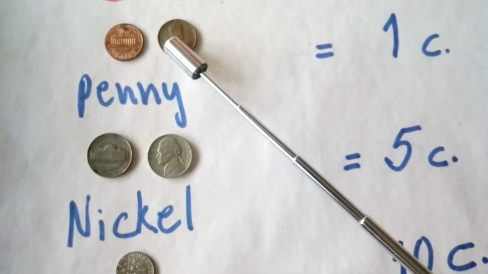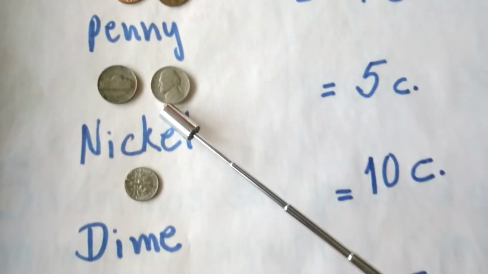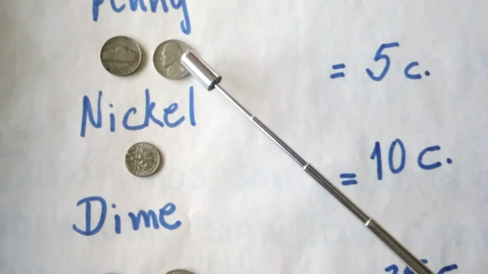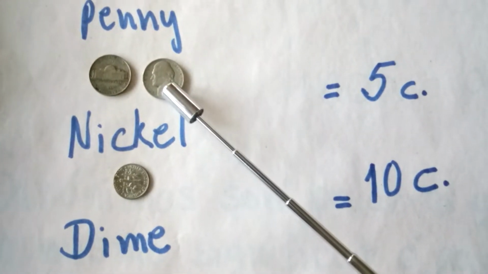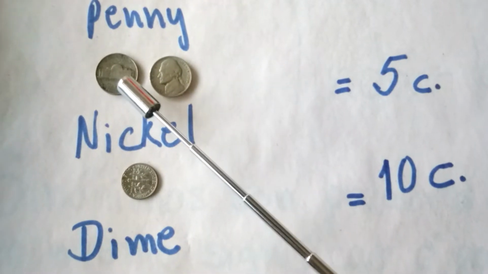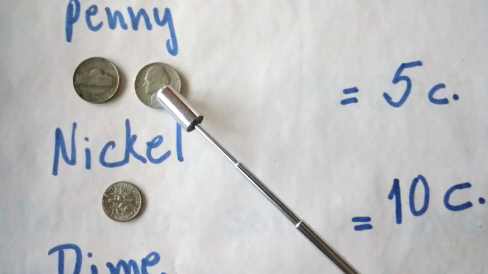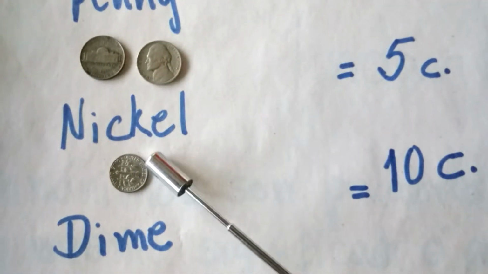Sometimes they change with the time. And here in nickel, in front you have the house of Thomas Jefferson. Thomas Jefferson was one of the United States presidents.